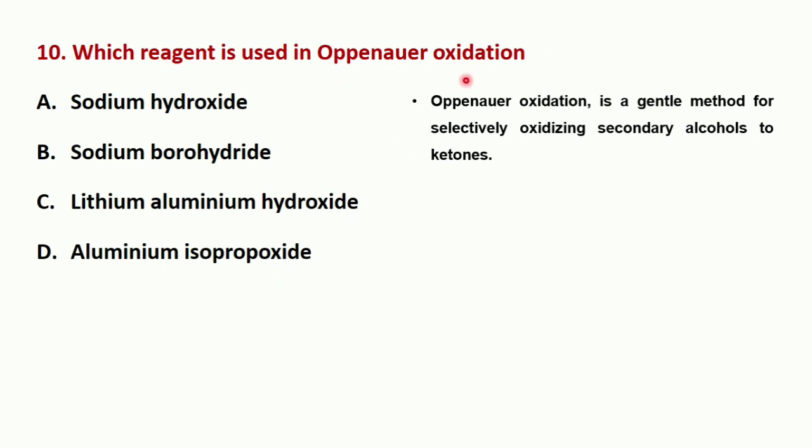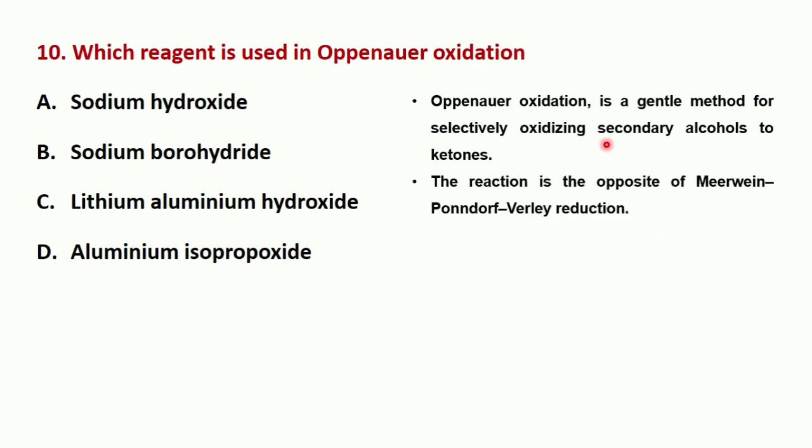So secondary alcohols are converted into ketones by this Oppenauer oxidation. The reaction is the opposite of the Meerwein-Ponndorf-Verley reduction, completely opposite to the MPV reduction.